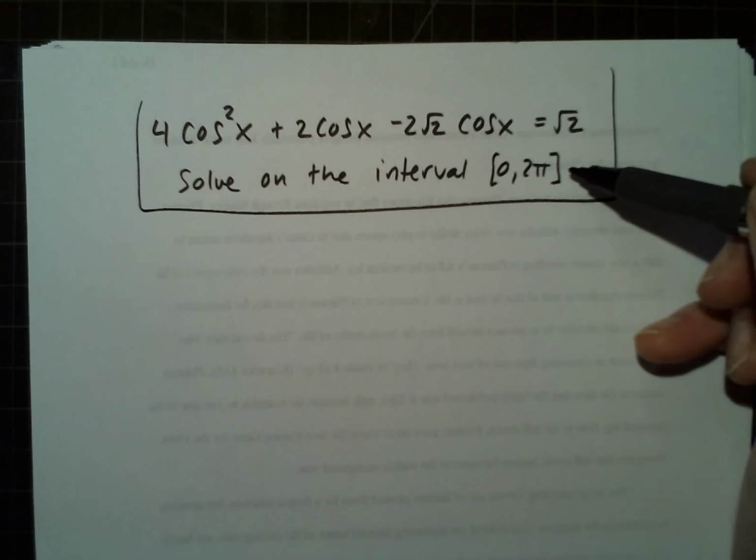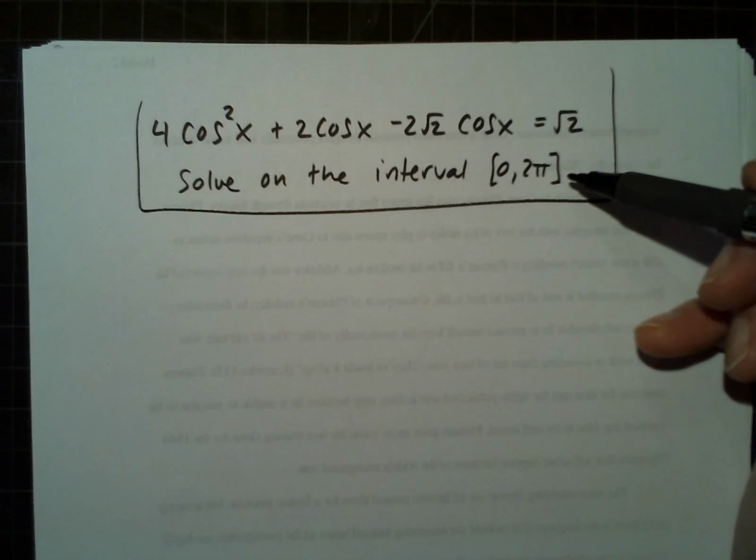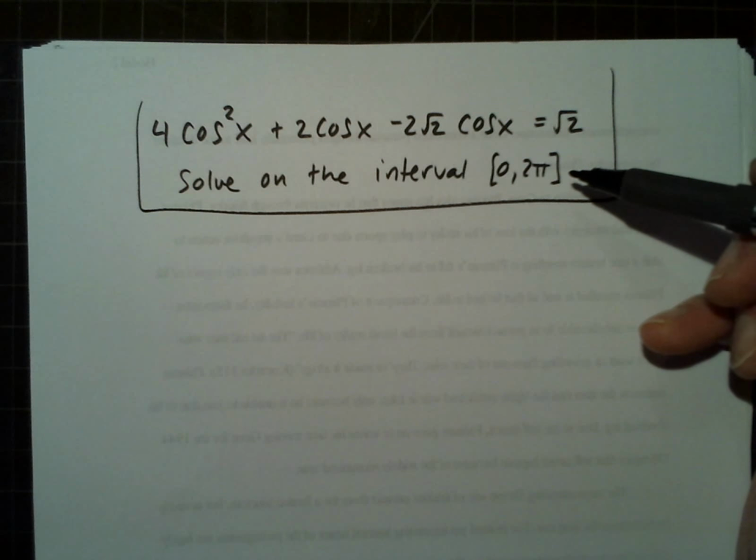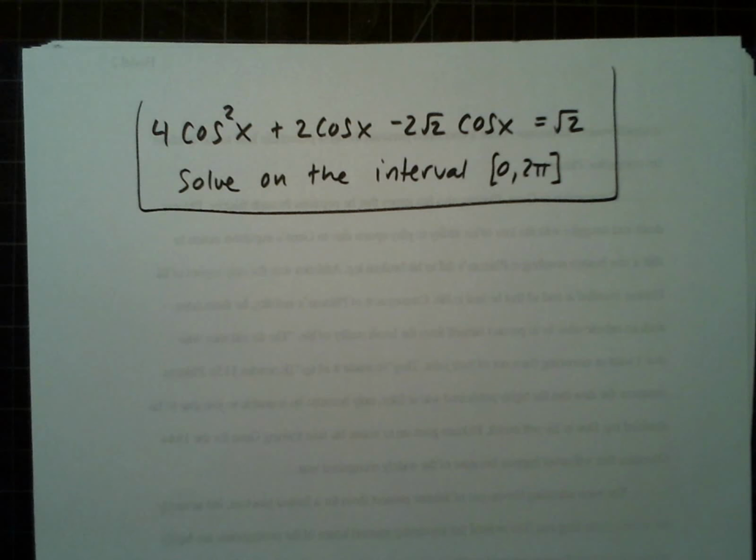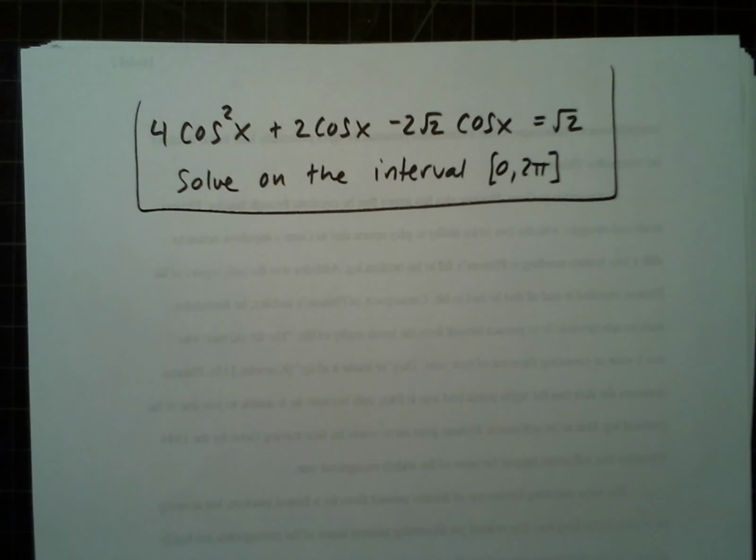Okay, and we're just going to add this. This just prevents us from having to say plus 2 pi n. We just write down the few solutions that we get in one revolution.